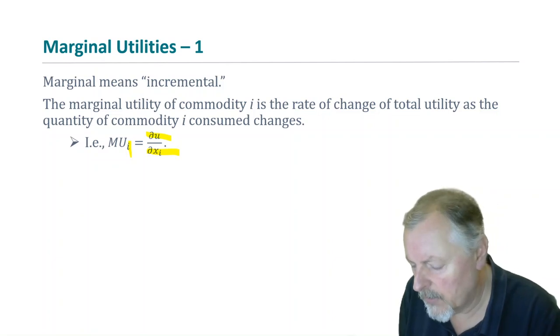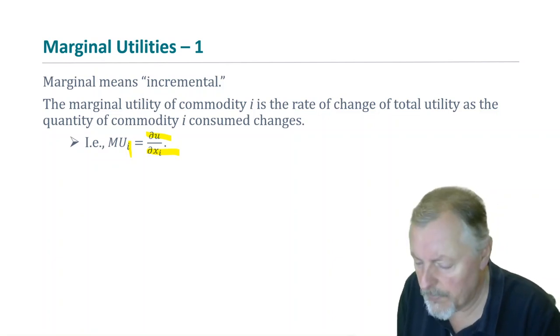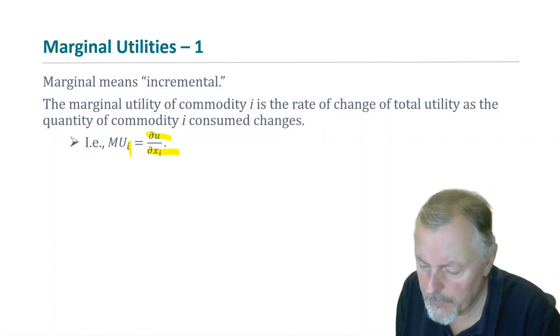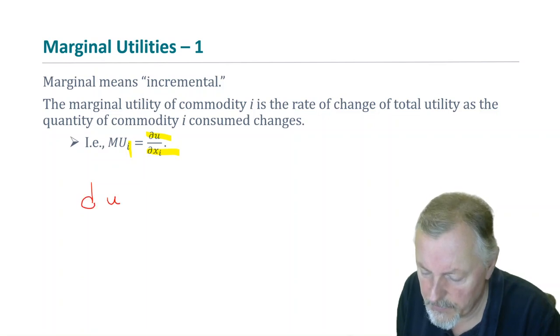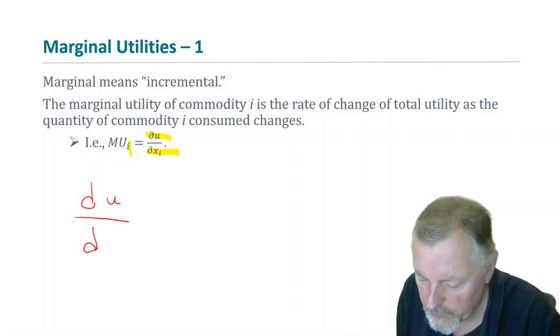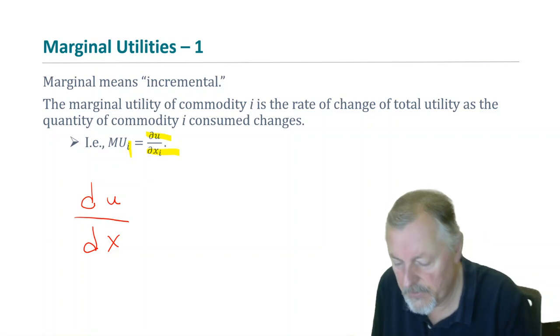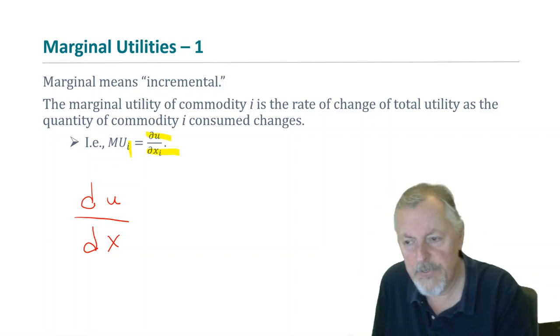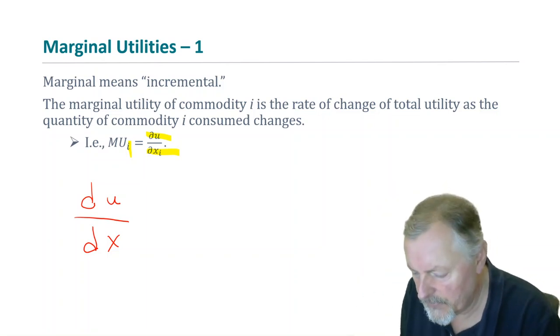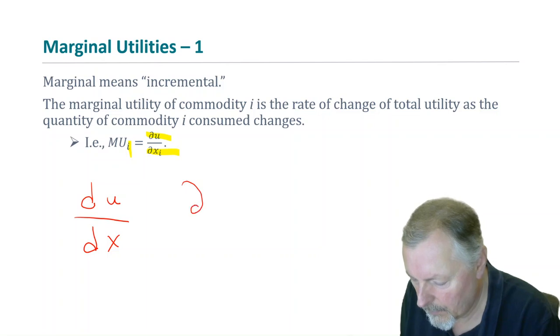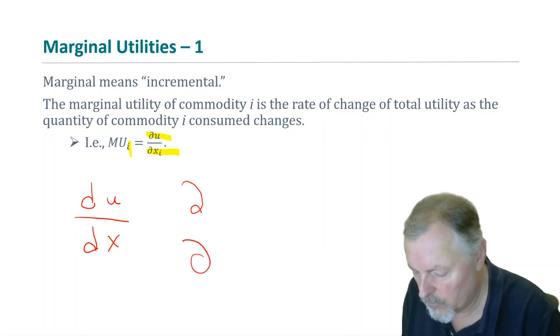If the function is u, we would, in single variable calculus, write it this way, the derivative, du dx. But notice we're using a slightly different symbol. Sort of a, I'm not drawing it well, it's more like that.